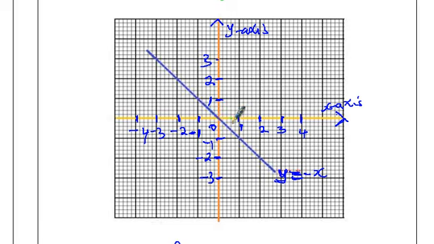Whenever we are handling transformation numbers, the scale on the two axes must be the same. So if I say 1 centimeter, 1 unit on the x-axis, I should also say 1 centimeter, 1 unit on the y-axis. Please do not forget to name the axes. Okay, give them their names.